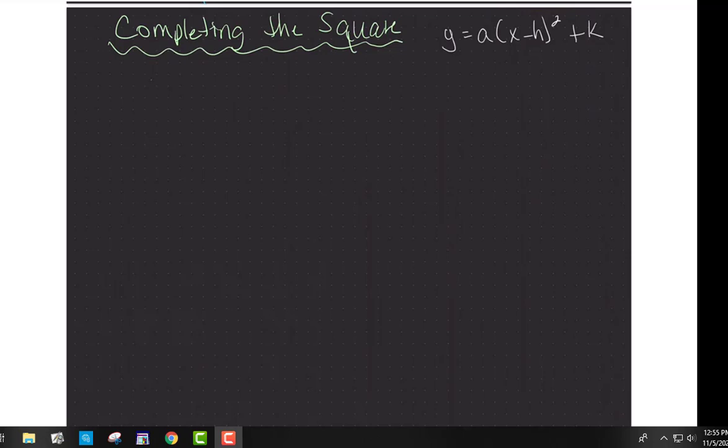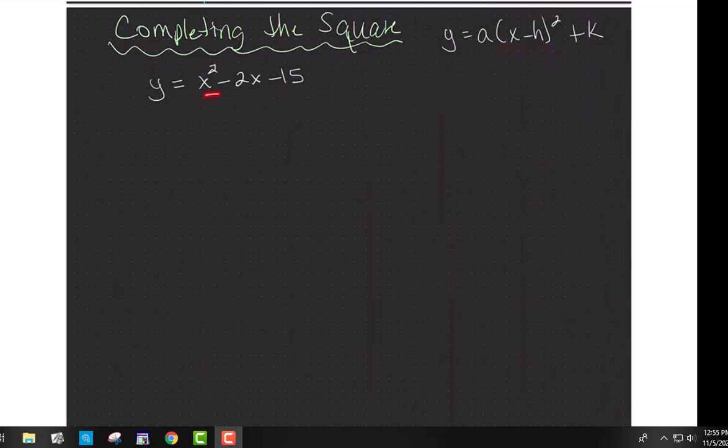So our problem was, what was it? Y equals x squared minus 2x minus 15. So that completing the square, that square part is still like a little quadratic, but it's got to be a perfect little square.